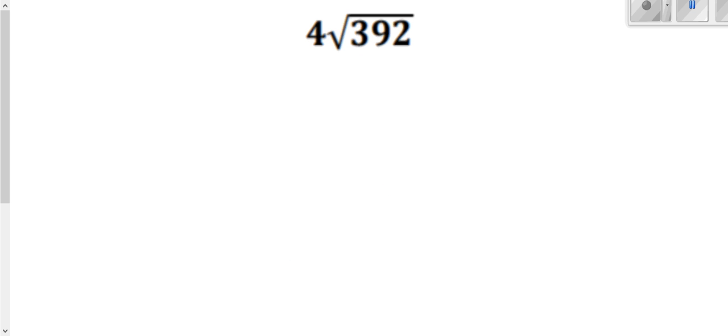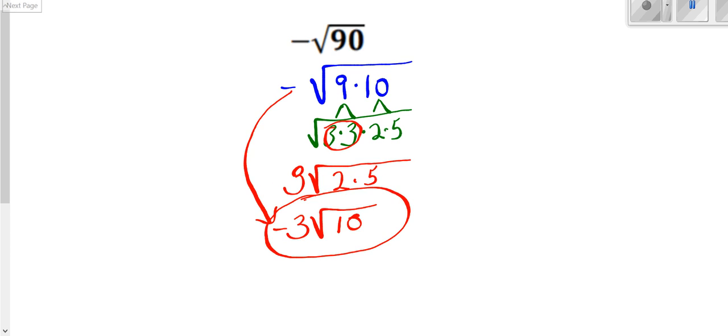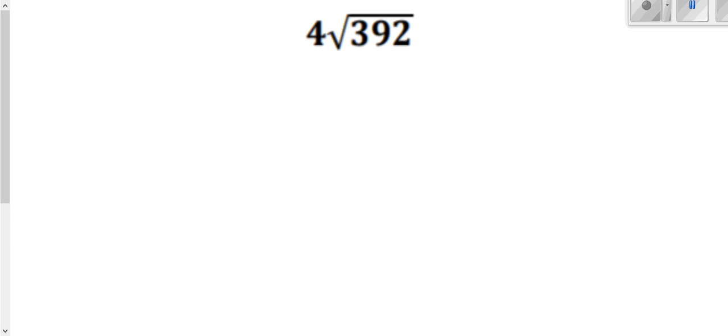Four square root of 392. Okay, so we already did square root of 392, so I'm going to cheat a little bit. I already know square root of 392 was 196 times 2, or 14 times 14 times 2.